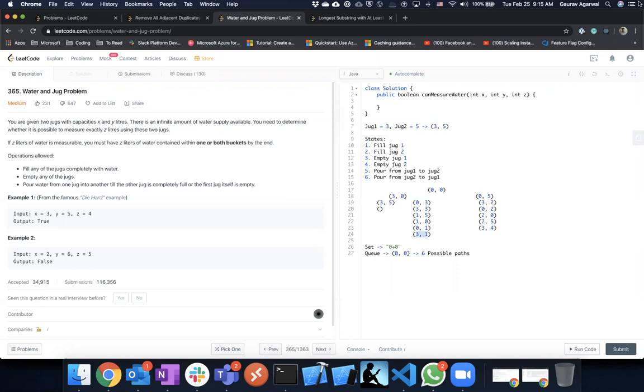Like you want to know what path you came from? We know the final state would be this one. Can we trace it back to the root, like 0, 0? If it's possible, then yes. Otherwise, no. It would be faster, right?